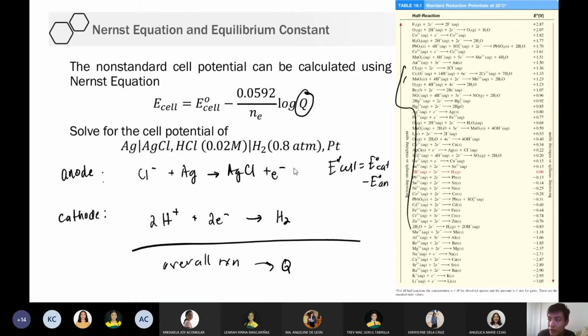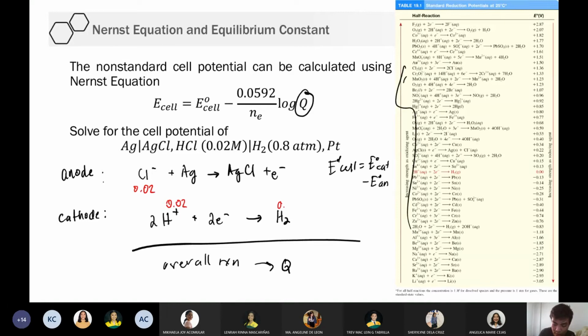Anyway. So yun lang. Binigay ko na yung reaction, hanapin nyo na lang dito yan. Solve for E0 cell. Then write the proper equation for Q. Then plug in mo yung concentration. And by the way, yung concentration ng Cl ay 0.02. H plus is 0.02 then.